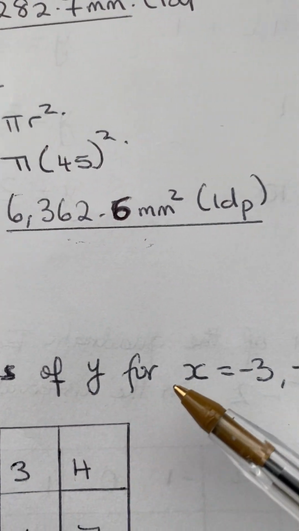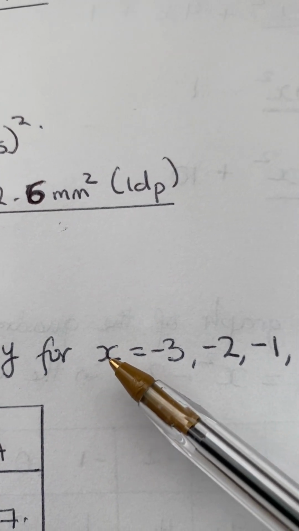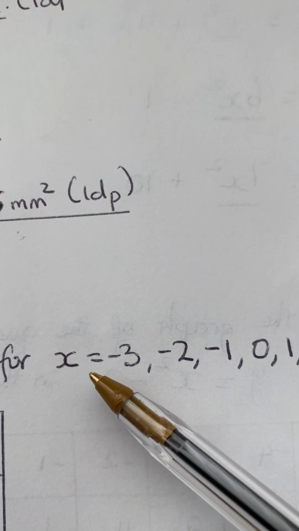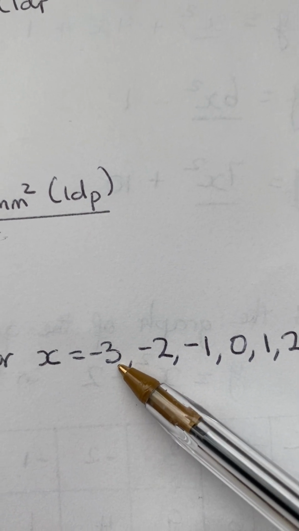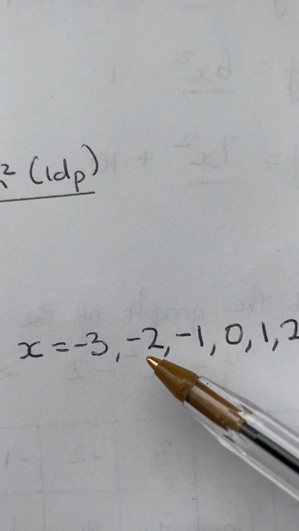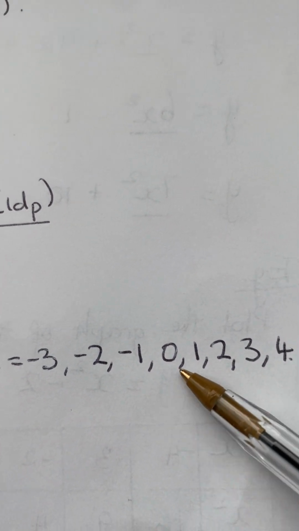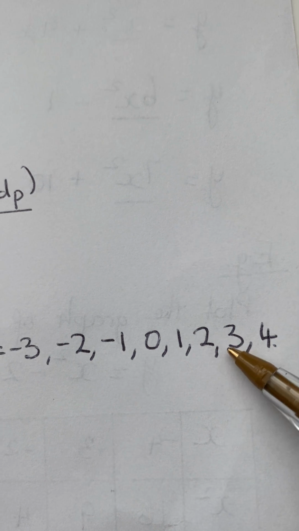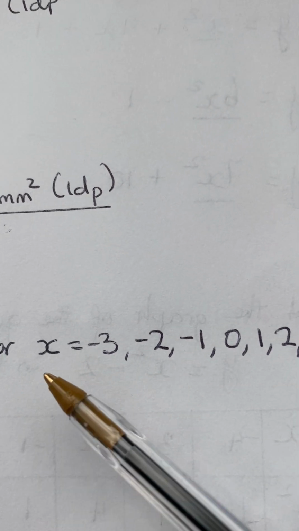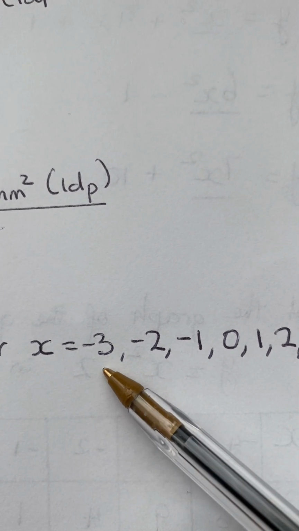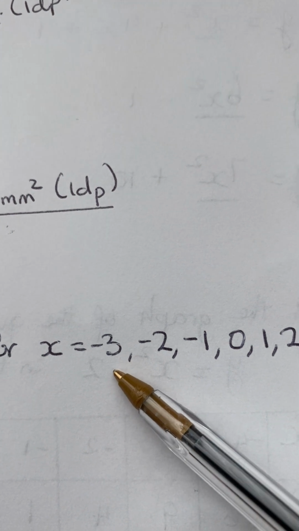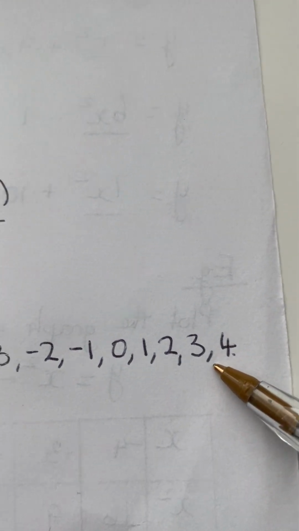Find the values of y for x equals minus 3, minus 2, minus 1, 0, 1, 2, 3, 4. So basically, x is in the interval minus 3 to 4.